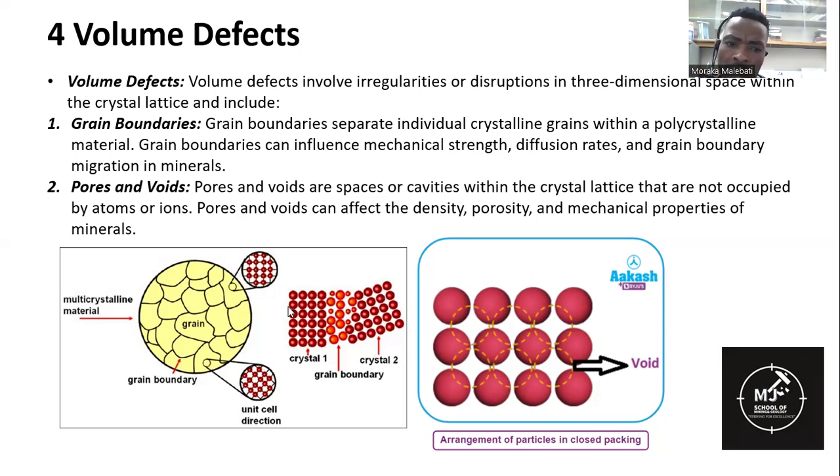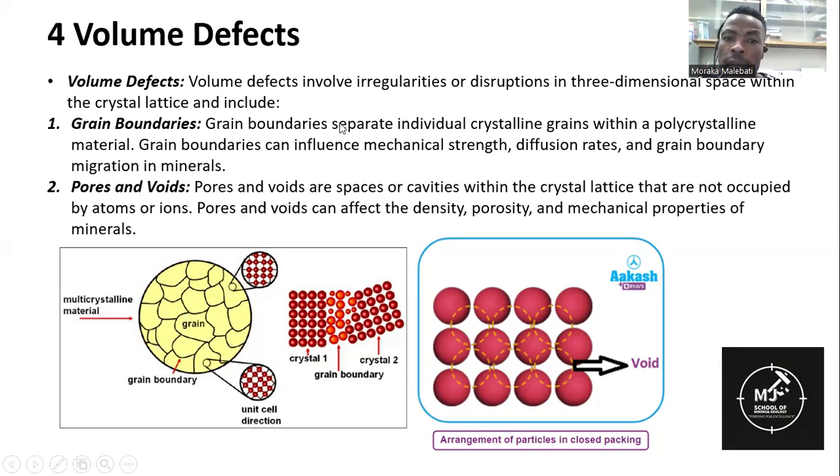The grain boundary is the boundary between two grains. For example, this is a grain, this is a grain. Then what separates these two grains, we call a grain boundary.